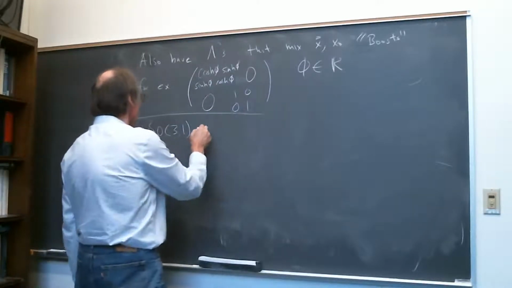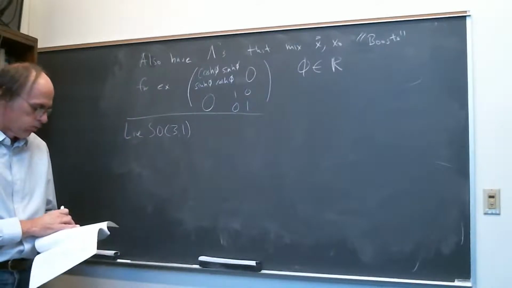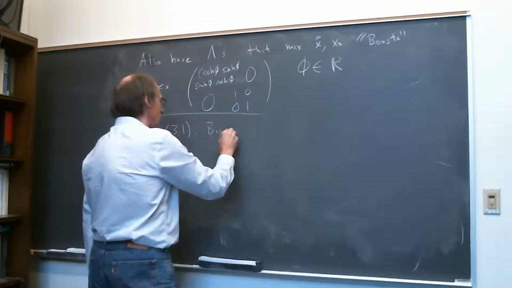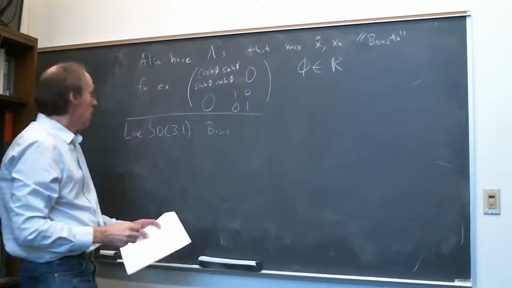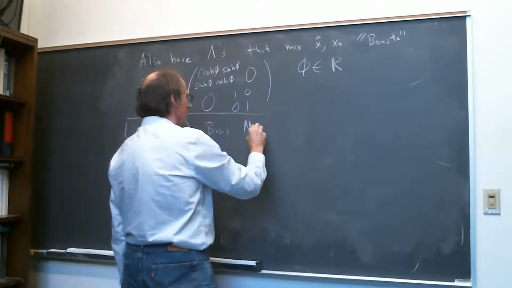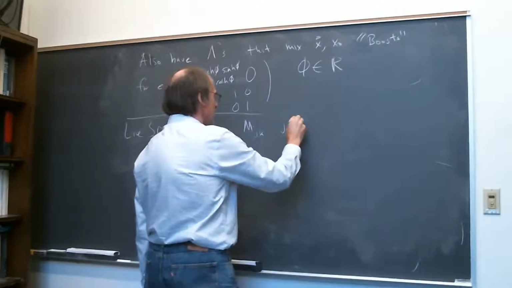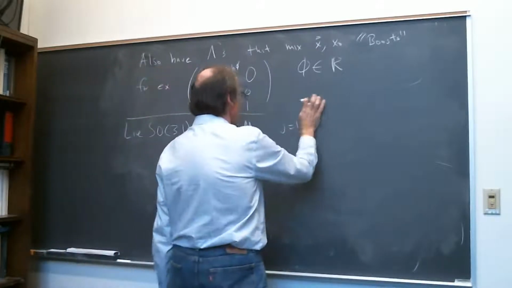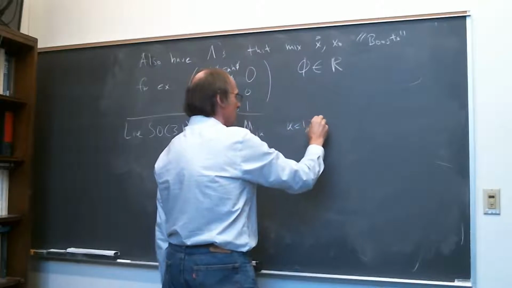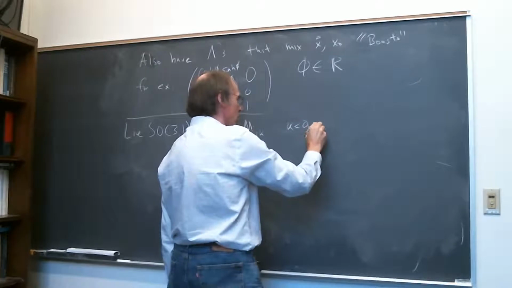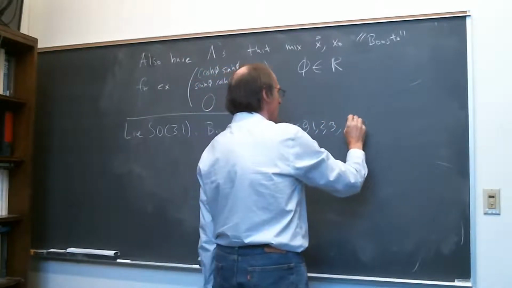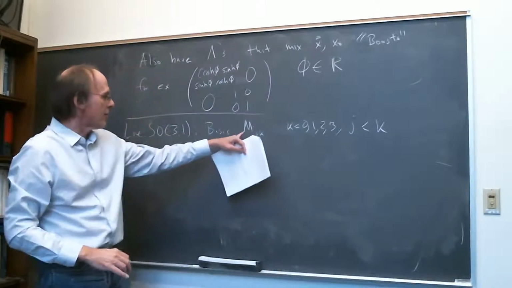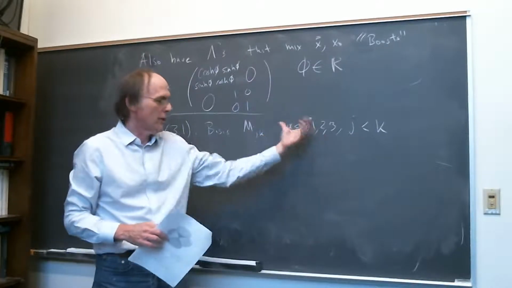So what I'm going to do is write a basis, which I'll call M_JK, where K is equal to 0, 1, 2, 3, and J is less than K. It's going to be the same kind of thing that I would do for the standard orthogonal group.